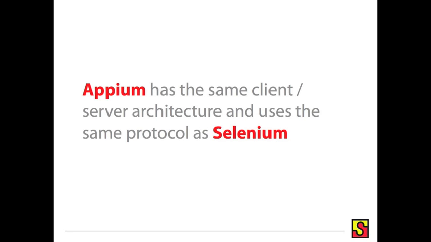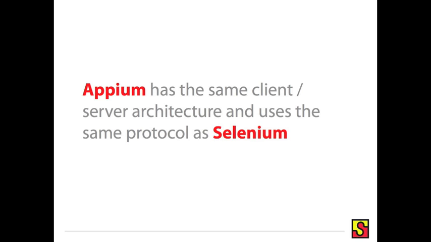And in case you weren't here last time, one of the most important things to know about Appium is that it has the same client-server architecture and the same protocol as Selenium WebDriver. So it essentially uses all the pre-existing infrastructure that's set up around WebDriver and allows you to use that to automate mobile applications.